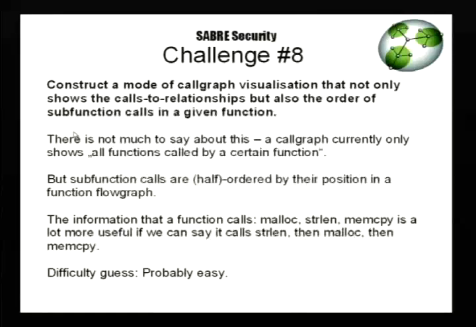And within each function, the subfunction calls are ordered, and we lose all that by our current representation in the call graph. The question is, can we find a visualization mode that keeps and visualizes for us the order of the subfunction calls within a function? I don't know. I think it should be relatively easy, but I don't know.